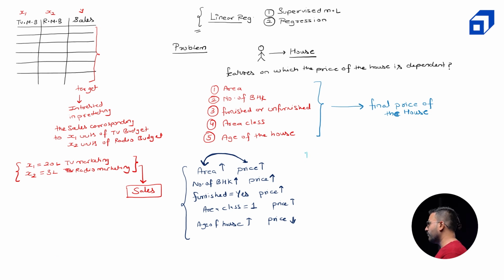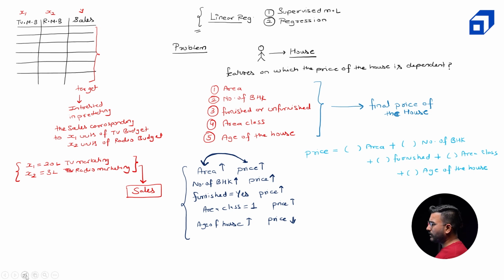So can I say my price of the house is somewhat dependent on area plus somewhat dependent on number of BHK plus somewhat dependent on furnishing status plus somewhat dependent on the area class plus somewhat dependent on the age of the house.